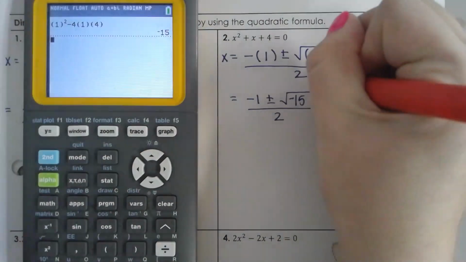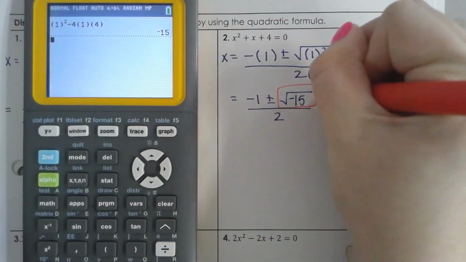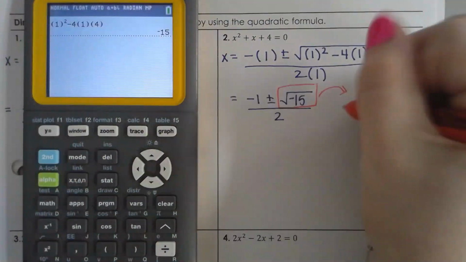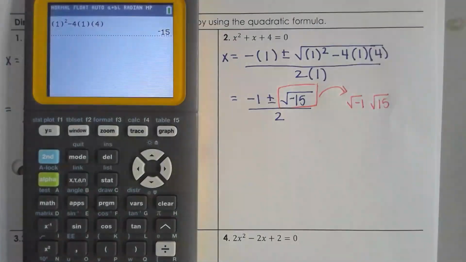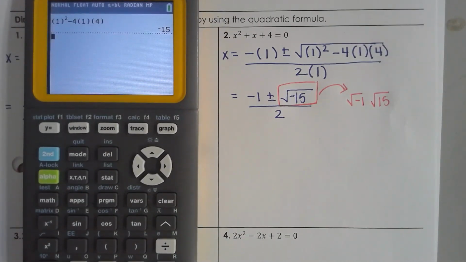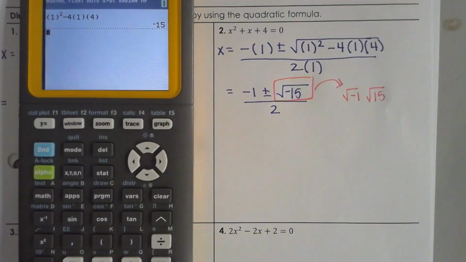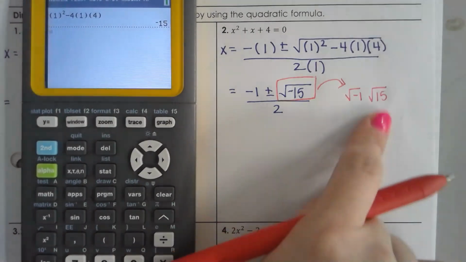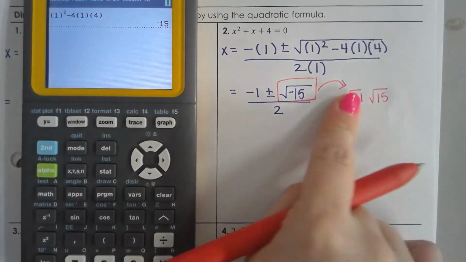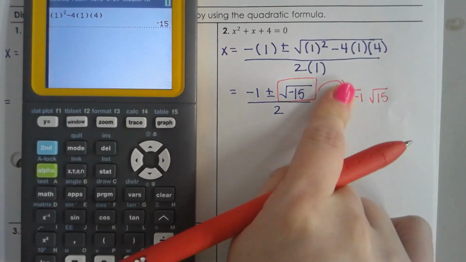Square root of negative 15. I know I'm going to take out the negative 1, and that's going to leave me with a positive 15. Are there any perfect squares that go evenly into 15? No. So I can't do anything else with the 15. What can I do with the square root of negative 1?